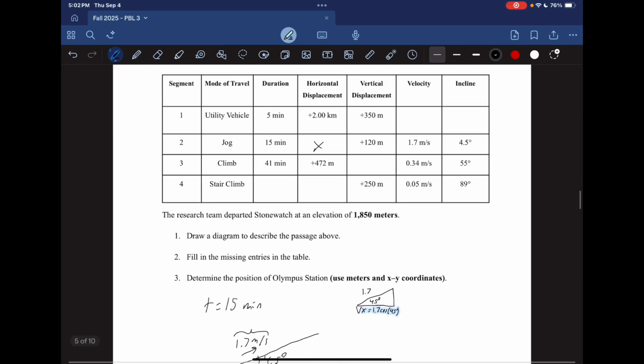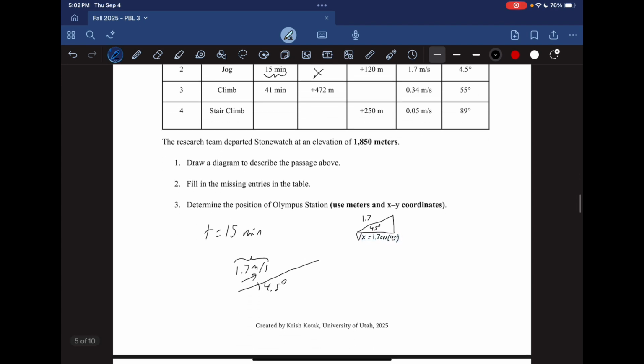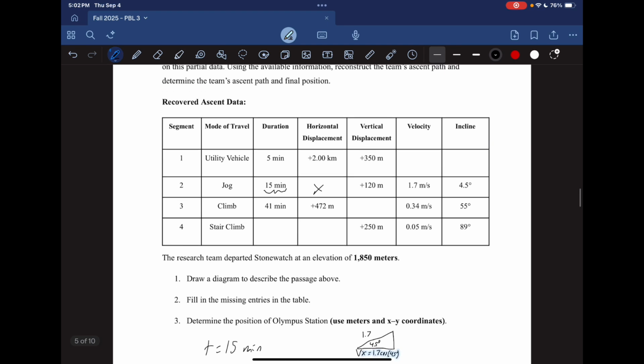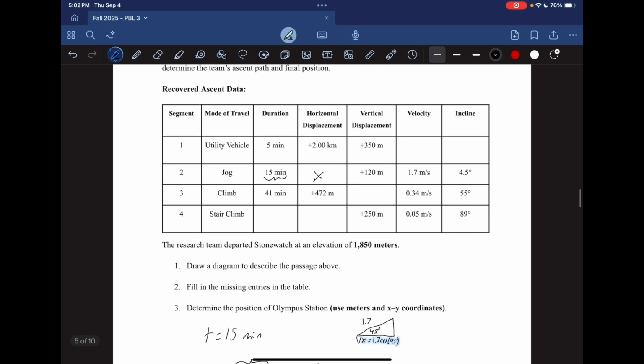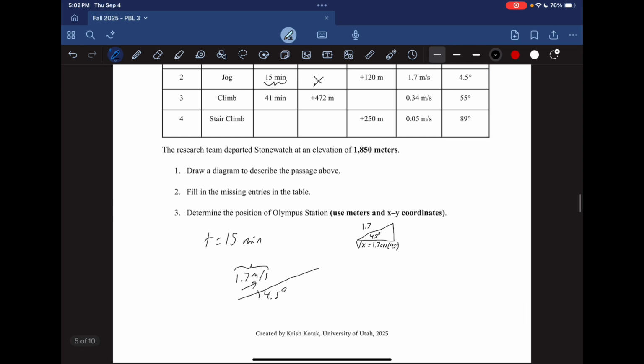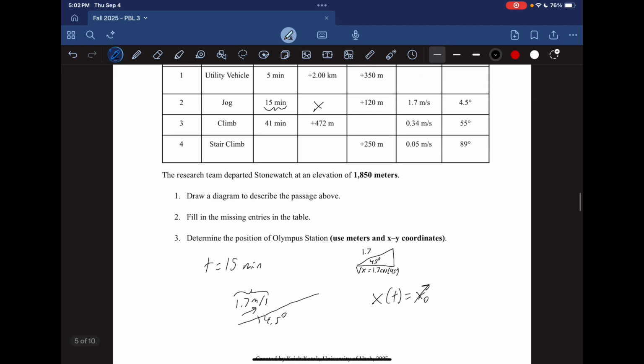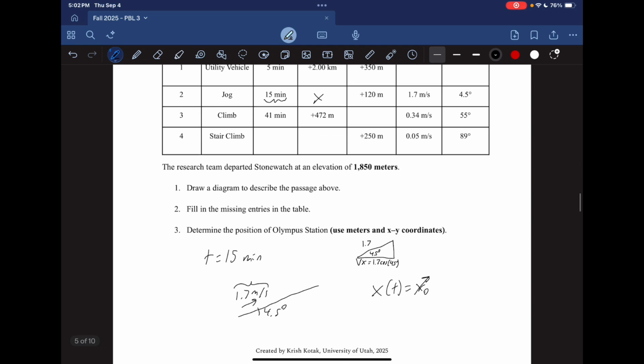And we know that they travel for a duration of 15 minutes, and we assume no acceleration. It just gives us velocity, so we assume they're traveling with a constant velocity. The equation we would use is x of t equals x naught, which I'm going to set to 0 because we're just looking for displacement here, plus v naught t.